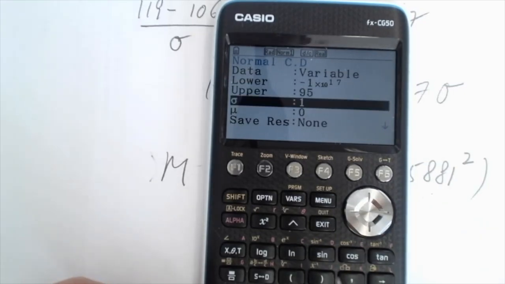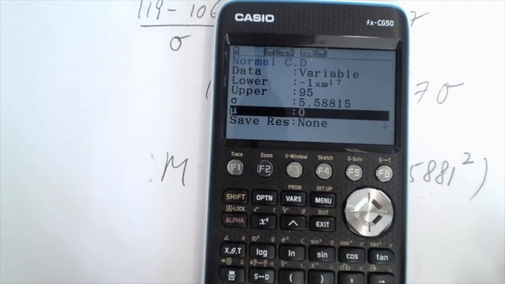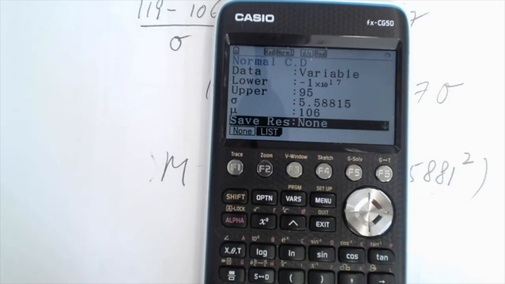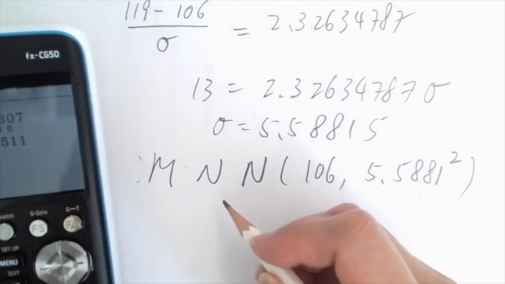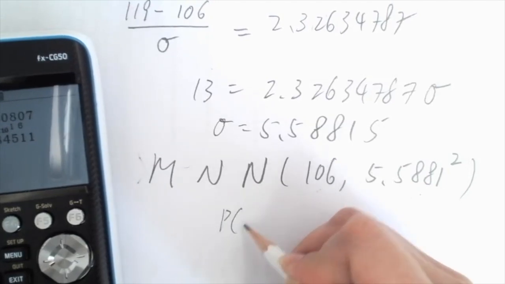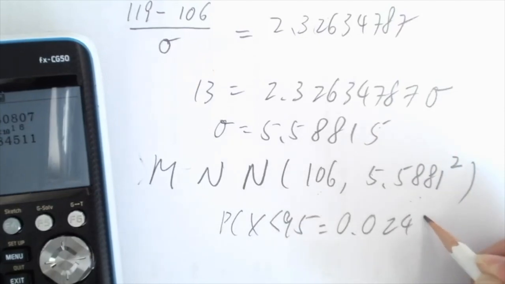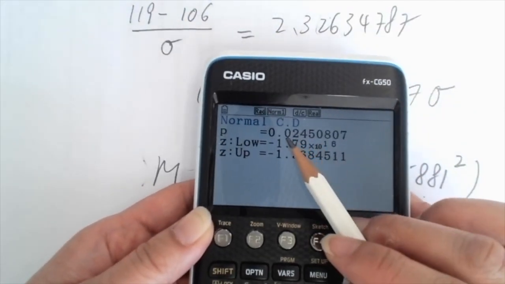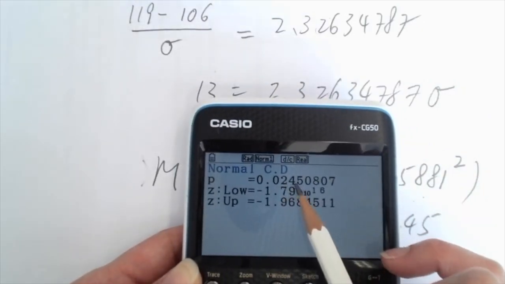This time we have our standard deviation 5.58815, and our mean is 106. Zoom, and then we got our answer, 0.245. Remember, 3 significant figures, we don't count the 0 in front, we count the digits starting from here, so 1, 2, 3.